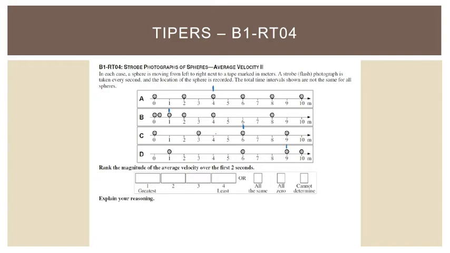And then, of course, 9 minus 1 is 8. What does that give us, though? That gives us the displacement. They did not ask us about the displacement. They asked us about the average velocity. So you could just go ahead and calculate the average velocity by taking all of those displacements and dividing them by the times, and then you can rank them.